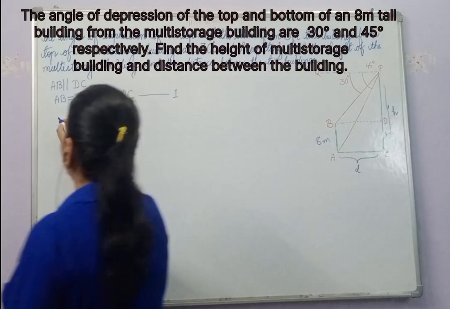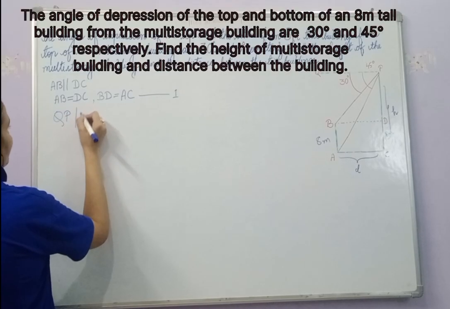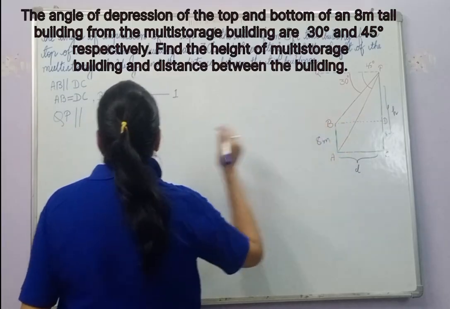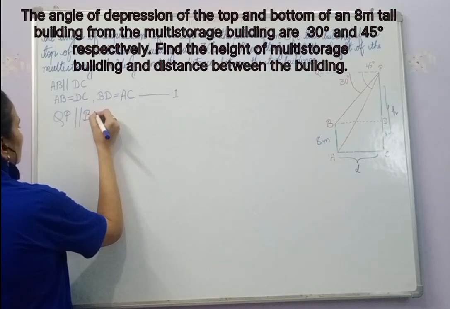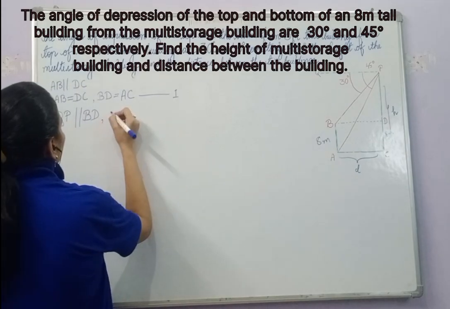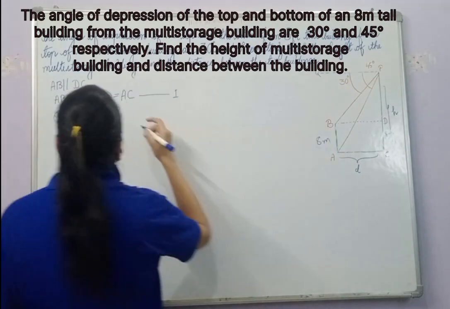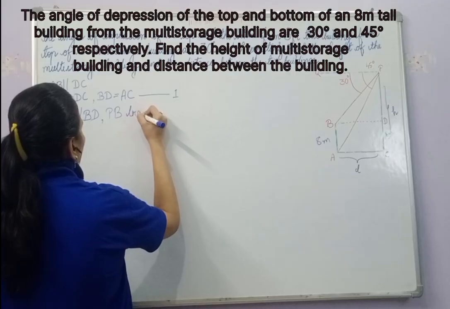We can say QP is parallel to BD, and PB is acting as a transversal line.